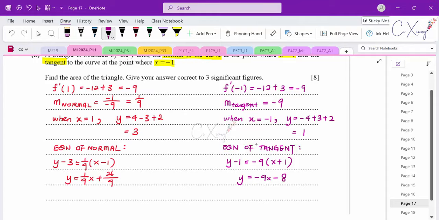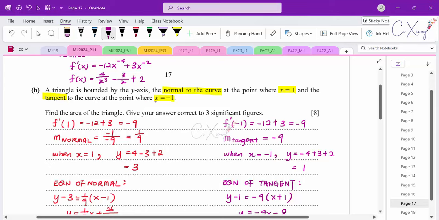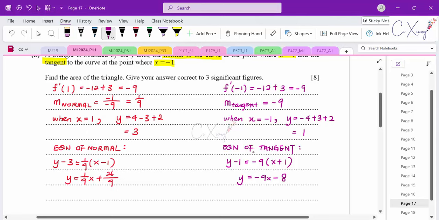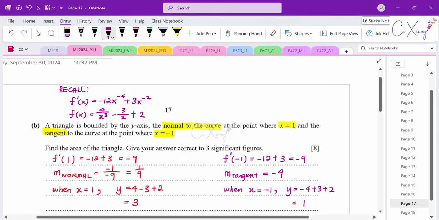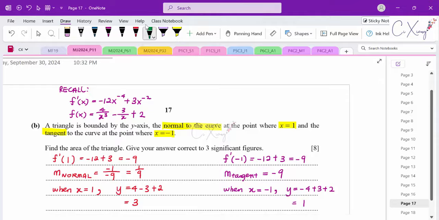And now for this question, they actually want us to find the area of the triangle that these two lines form with the y-axis. If you read the question again, they want the area of the triangle where these two lines form with the y-axis. Okay, so maybe we need to observe a little bit how the graph looks like.